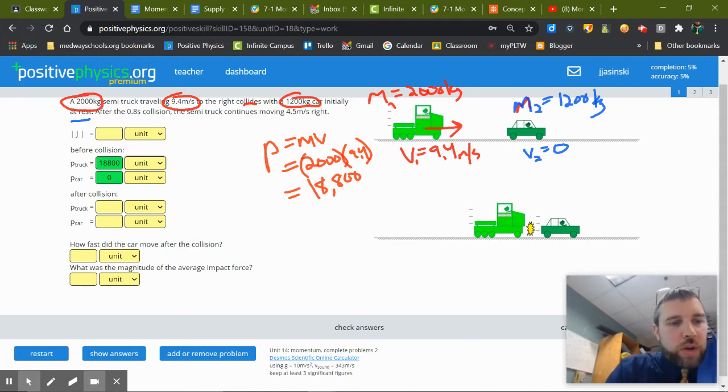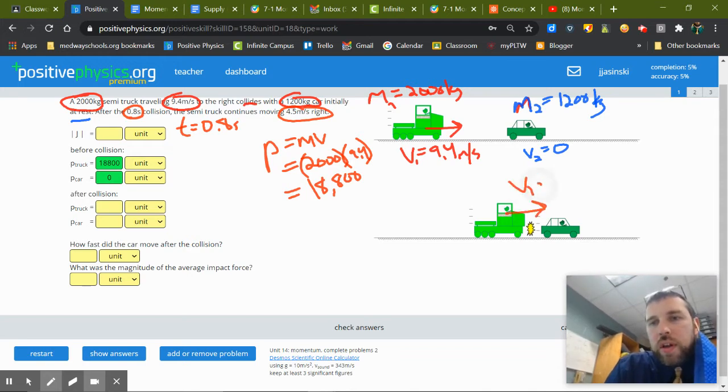All right, so what else do we know here? After the 0.8 second collision, so I have a time equals 0.8 seconds, the semi-truck continues moving to the right at 4.5 meters per second. So for the truck, V1F, V1 final, is 4.5 meters per second.